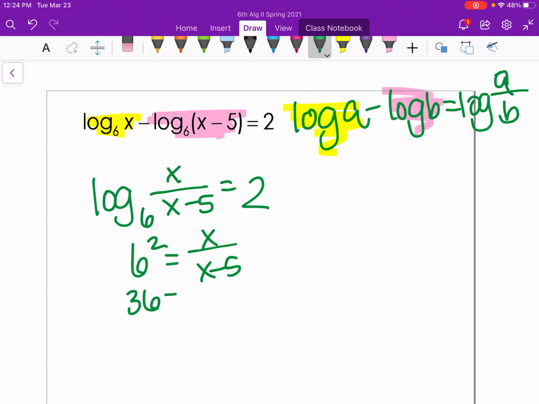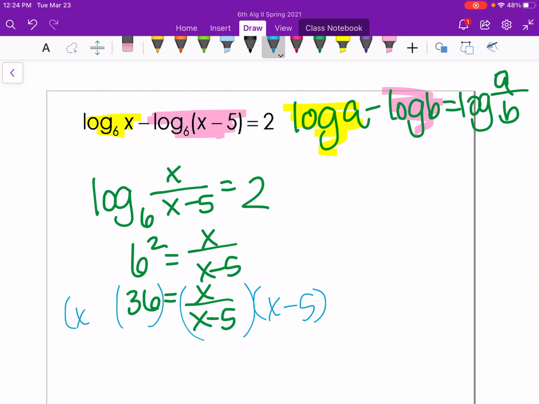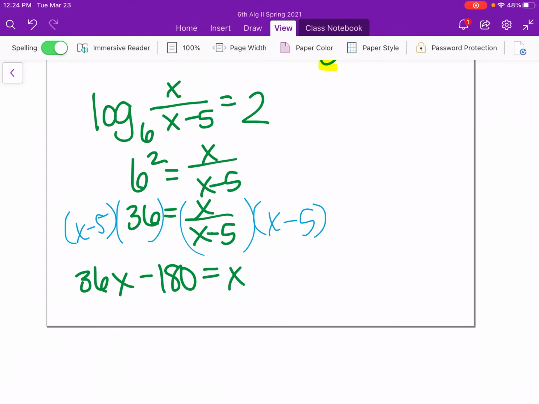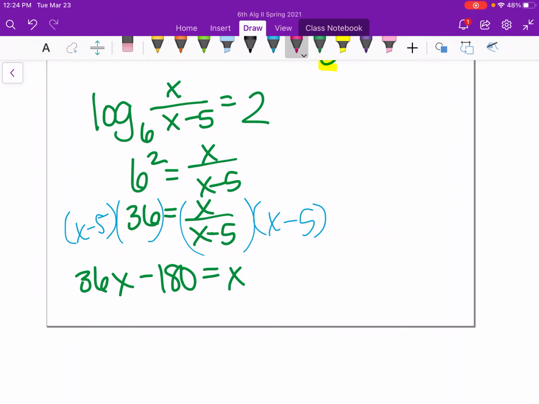6 squared is 36, and I'm going to get rid of this fraction. I'm going to multiply both sides by x minus 5. When I do that, I get 36x minus 5 times 36, which is 180, equals x. It's a little bit easier to handle now. So now I'm going to subtract 36x.